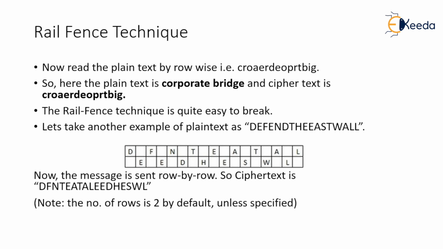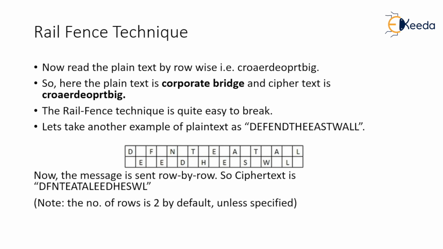Then, for converting the plain text into the ciphertext, we write all the letters falling in the first row first, followed by all the letters falling in the second row. For the plain text defend the east wall, we get the ciphertext DFNDEATALEEDHESWL. You can see that this word doesn't have any real meaning.